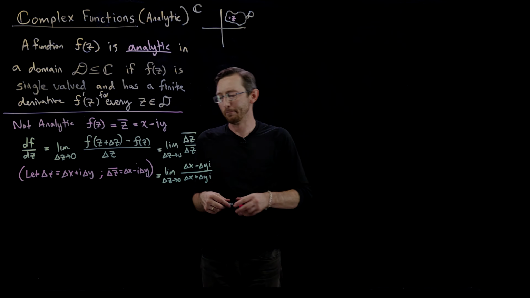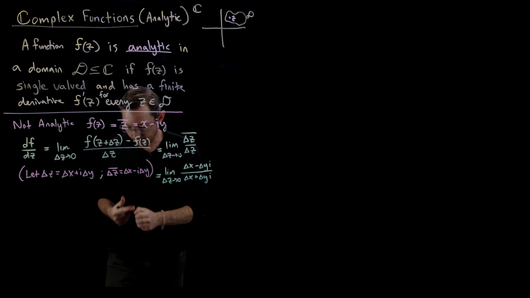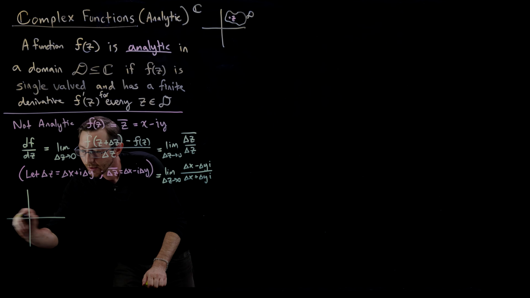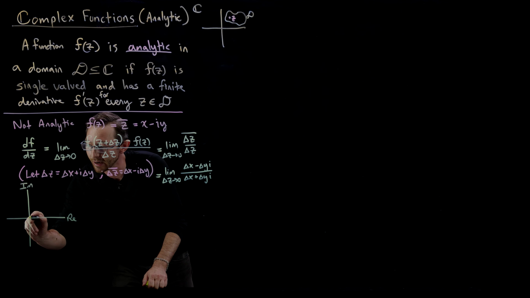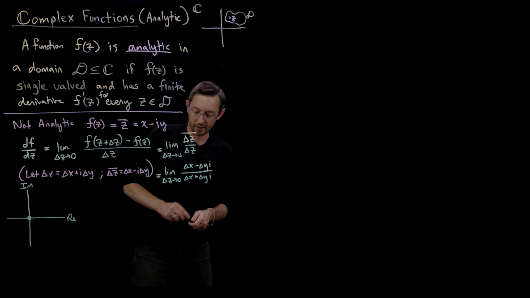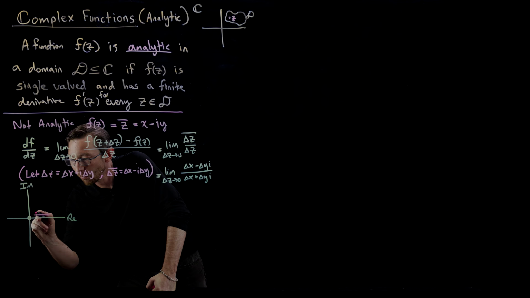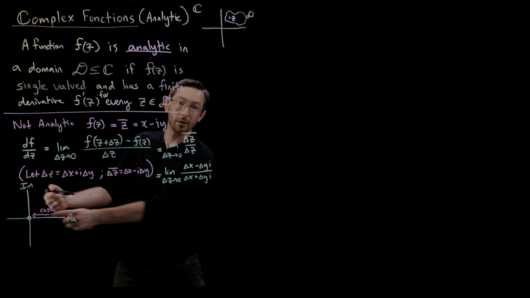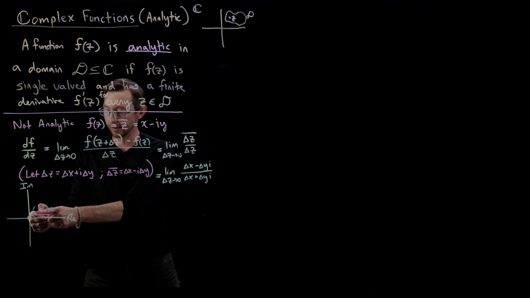And so essentially this delta z, I'm just going to draw a picture here, actually. I think this is going to make it a lot clearer. So this is the real part, this is the imaginary part. Let's say that my point z is right here in the middle. And what I'm going to do is look at case 1, where delta x goes to 0. So I'm going to start on the real axis and approach as delta x goes to 0.